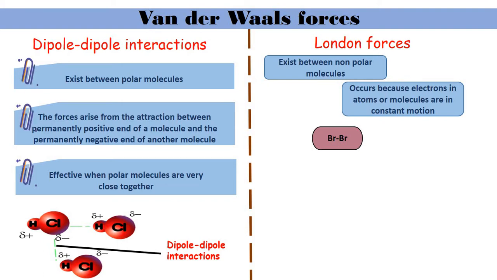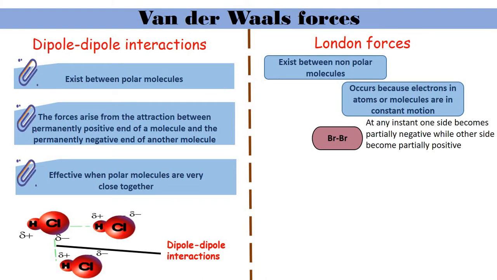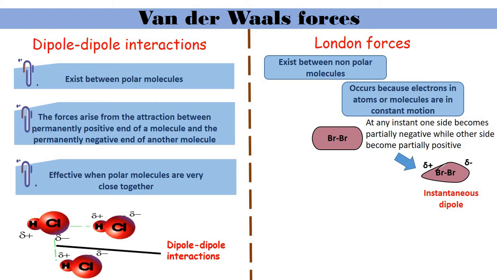Now, let me explain the formation of London forces between bromine molecules. Initially, electron distribution in bromine molecule is symmetrical. At any instant of time, one side becomes partially negative while the other side becomes partially positive. At this moment, this molecule is called an instantaneous dipole.